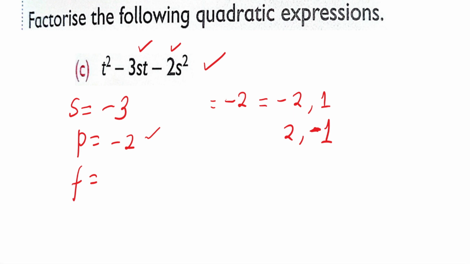Now if I look at this, there's a bit of an error. This one is not supposed to be minus 2s squared, it's supposed to be plus 2s squared, and therefore the product is going to be plus 2.